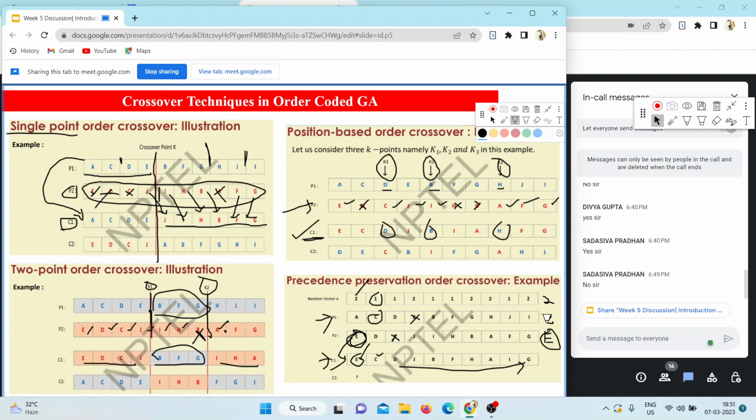So that is why we cannot use this E here. We have to look for another bit apart from this E.